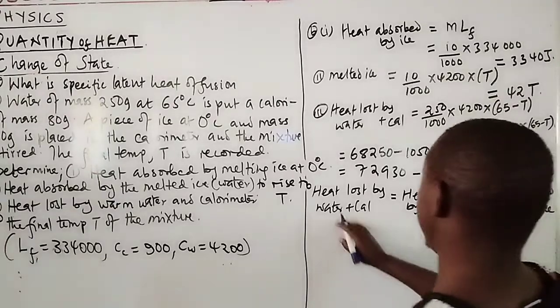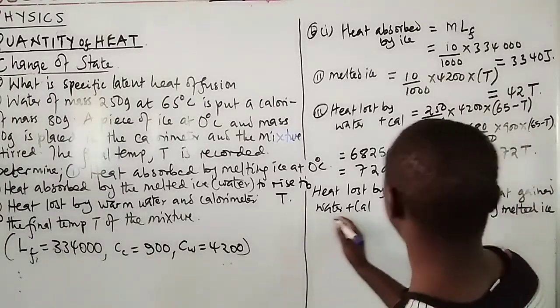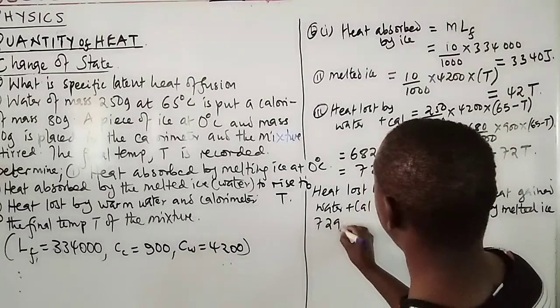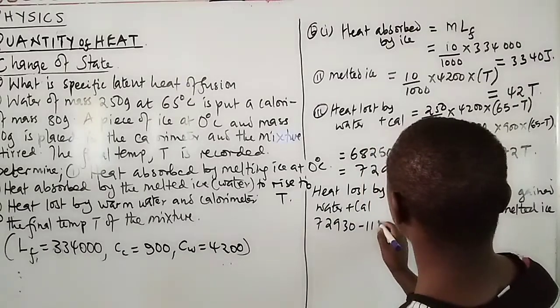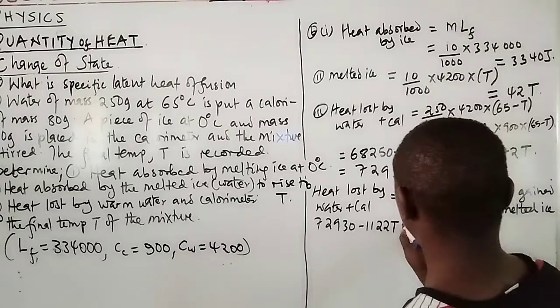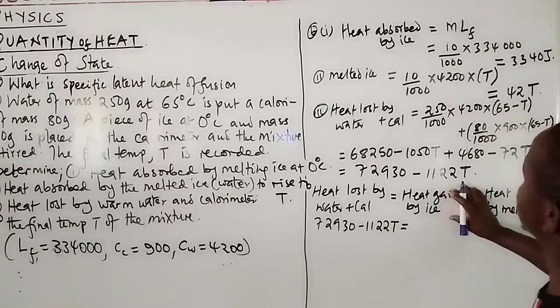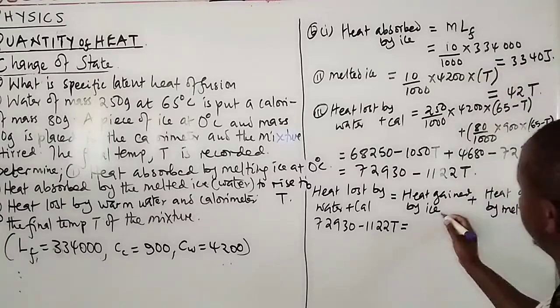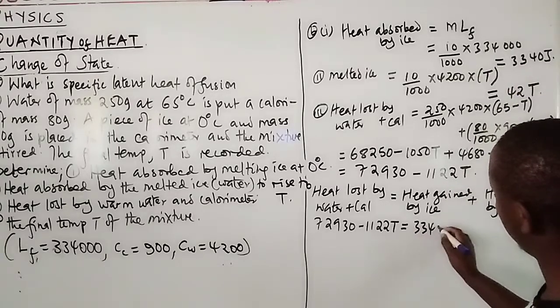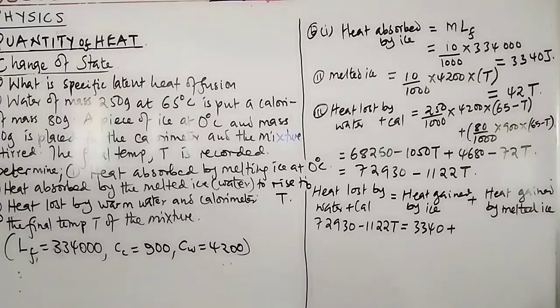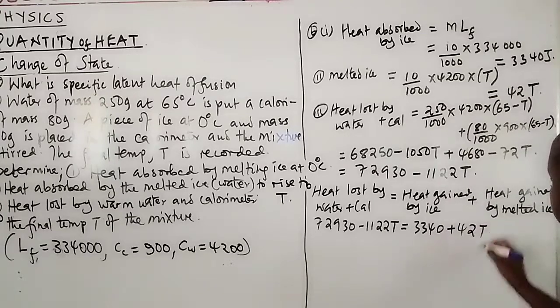Therefore we shall have heat lost by water and calorimeter as 72,930 minus 1122 T, being equal to heat gained by ice to melt, 340, plus heat gained by the melted ice to raise to the common temperature, 42 T.